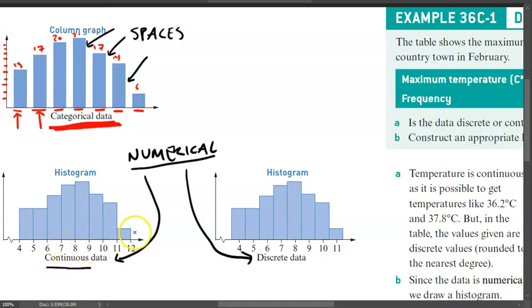I'll be surprised with somebody who has a 12 centimeter thumb, or even a 4 centimeter thumb. But in this case, the numbers that are provided, their solutions, is considered as numerical, so we can put this into a histogram.